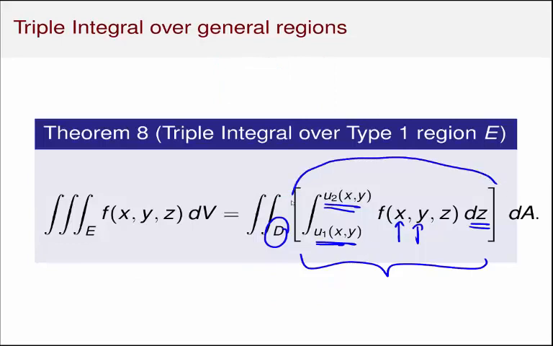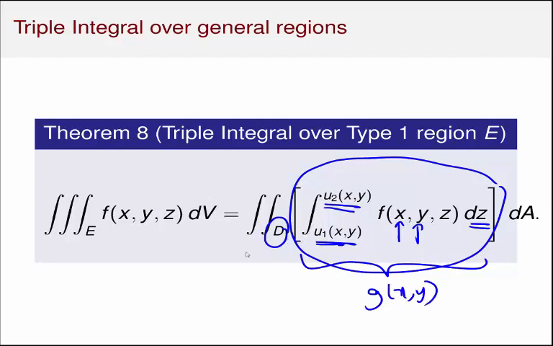So after computing the inner integral with respect to z, the resulting function is just a function of x and y. In other words, z will disappear after we evaluate the inner integral. And suppose the resulting function is some function g of x, y.